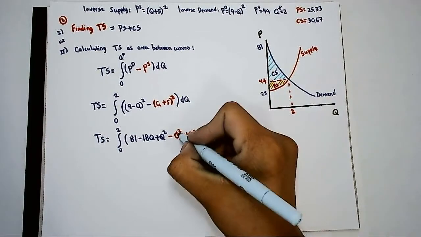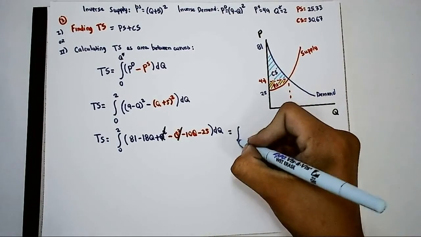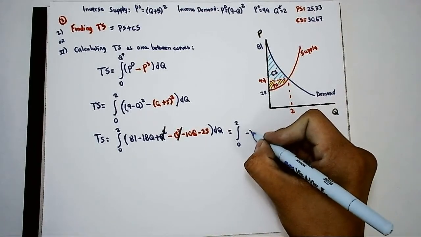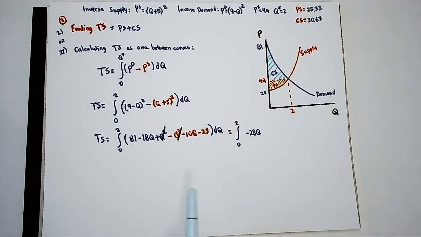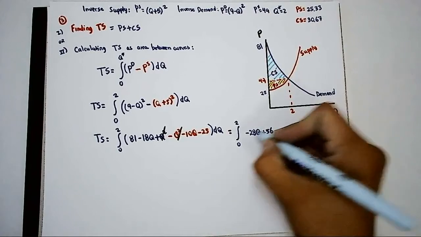Here we can cancel Q squared. And we obtain minus 18Q minus 10Q is minus 28Q. 81 minus 25 is plus 56.